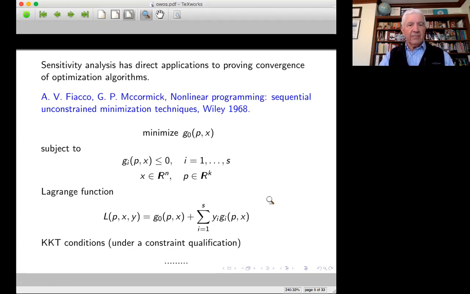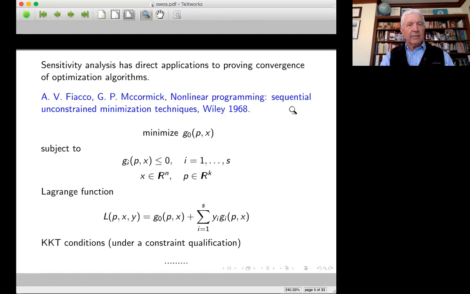Okay, maybe not the very beginning, but this is what I know. The first sensitivity analysis result, which stands like a classic in mathematical programming and nonlinear programming, is in the book of Fiacco and McCormick, which is cited here. I should immediately mention that sensitivity analysis in this book was not the central topic.